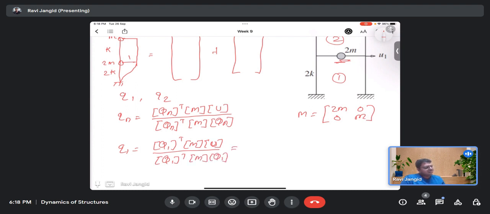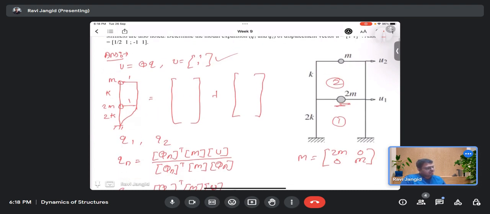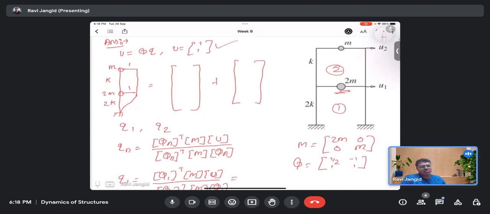Can you get me this? Phi 1 is what? The mode shape is also given to you: 1 by 2, 1 and minus 1, 1.